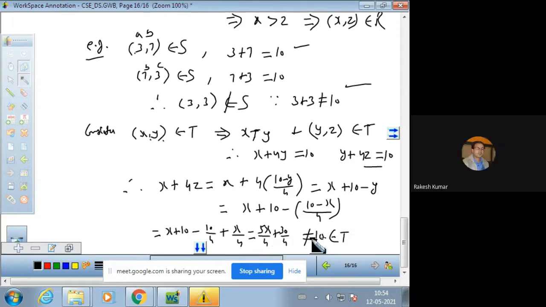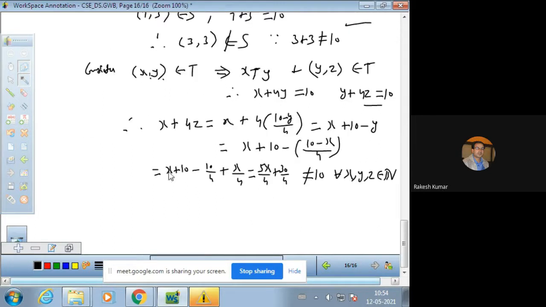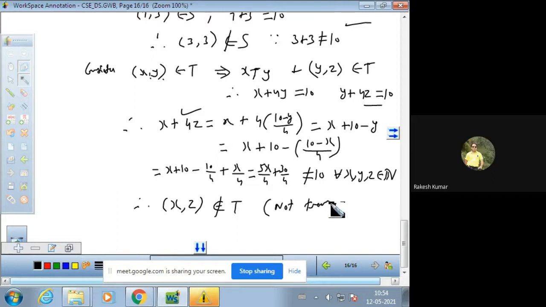If it had come out to be 10, then okay, but it is not equal to 10 for all x, y, z belonging to the positive integers. Therefore the ordered pair (x, z), because we are checking x plus 4z, does not belong to T. It means it is not a transitive relation.